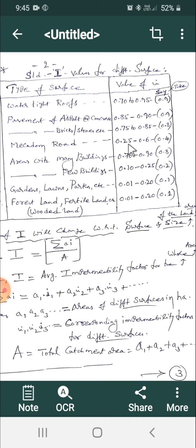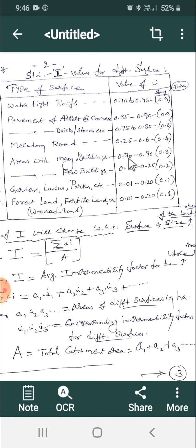That is why the value observed here is 25% to 60%, depending upon the compaction. 0.25 to 0.6 is the range of the I value. This is the runoff coefficient. Typically 0.4 will be considered for the calculation purpose. Like this, the area may have many buildings.